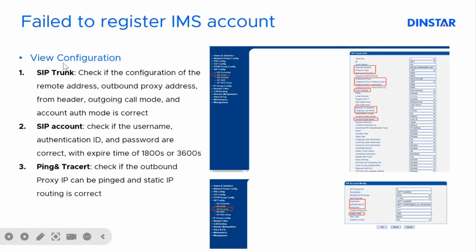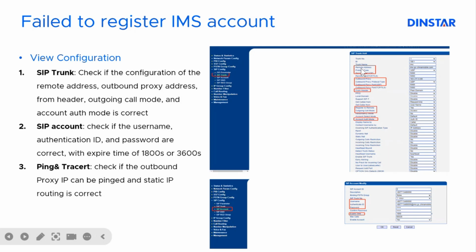So the first common fault is the IMS account registration failure. We all need to register an IMS account to IMS to get the service provided by the IMS, right? So first, we need to check the configuration item by item, like the remote address.